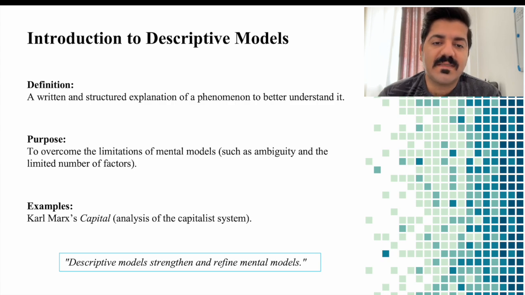They turn messy ideas into structured analysis and make invisible thoughts shareable and debatable. Descriptive models upgrade your brain's rough draft into a detailed map, and that's a good thing.